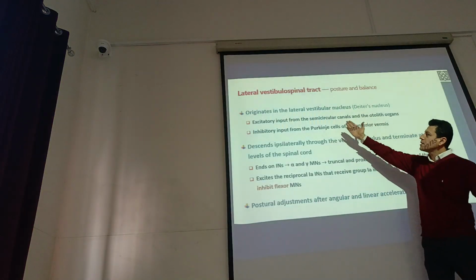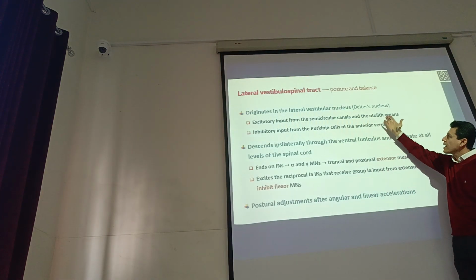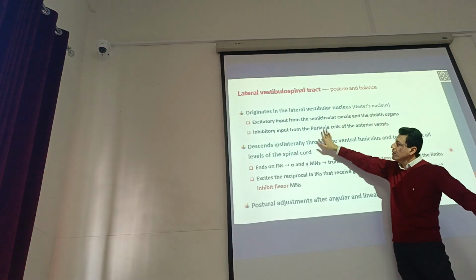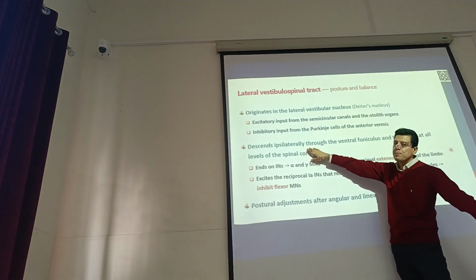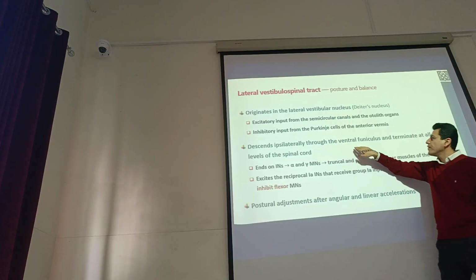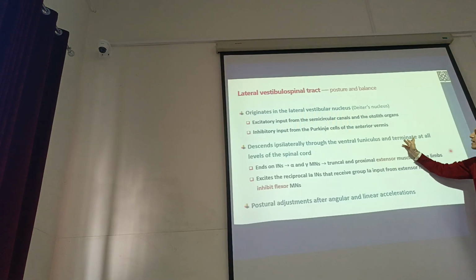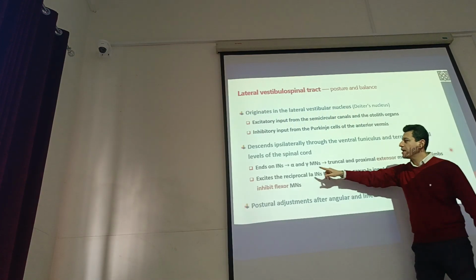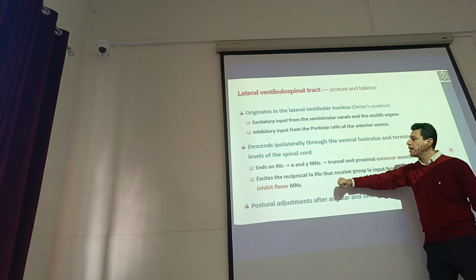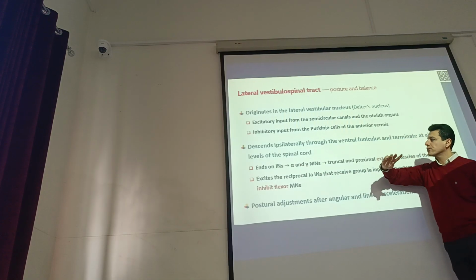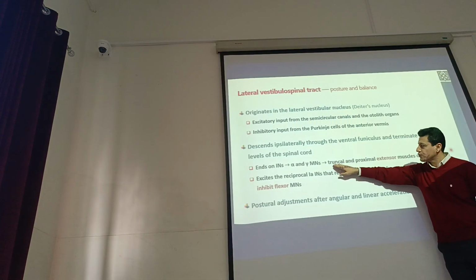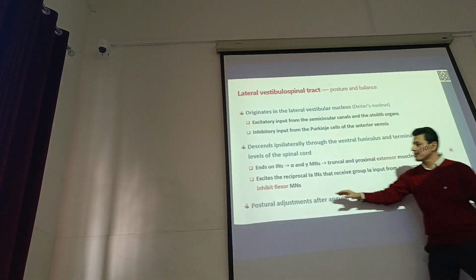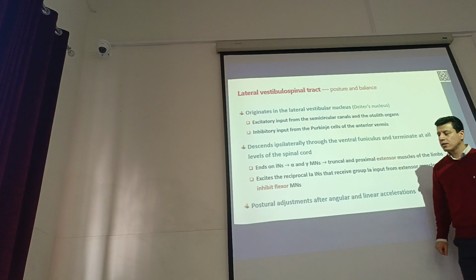So, excitatory inputs from semicircular canals and otolith organs, and also from Purkinje neurons. Okay, ignore this. They descend ipsilaterally through the ventral funiculus, terminate at all spinal levels. They end on interneurons, activate alpha and gamma motor neurons, cause contraction of truncal and proximal extensor muscles. They inhibit flexor muscles.